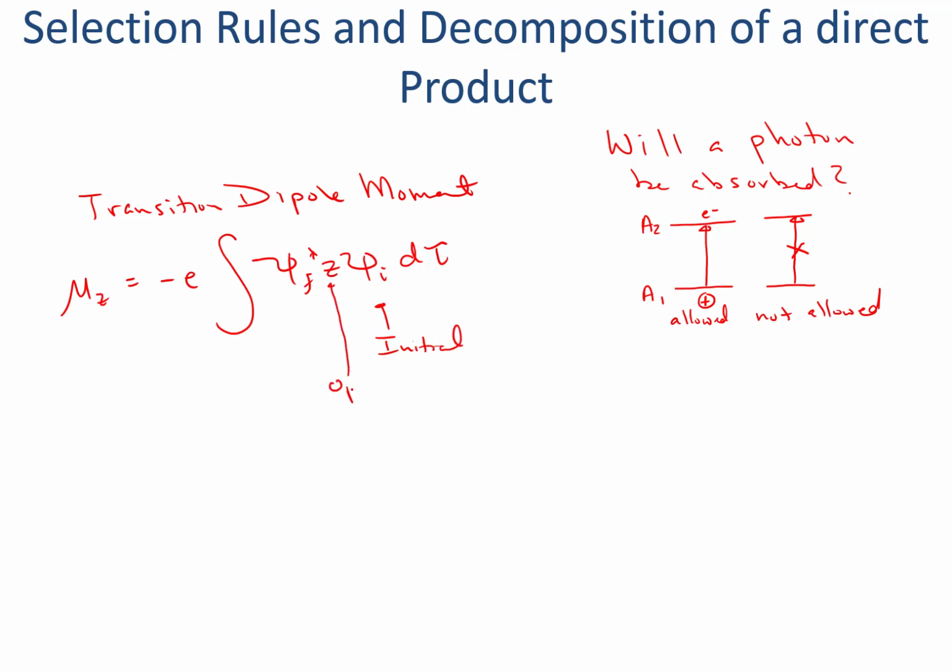Z can be understood as the operator along z, which connects psi i and psi f, and this is our final state. e is our charge, and of course mu sub z is our transition dipole moment.